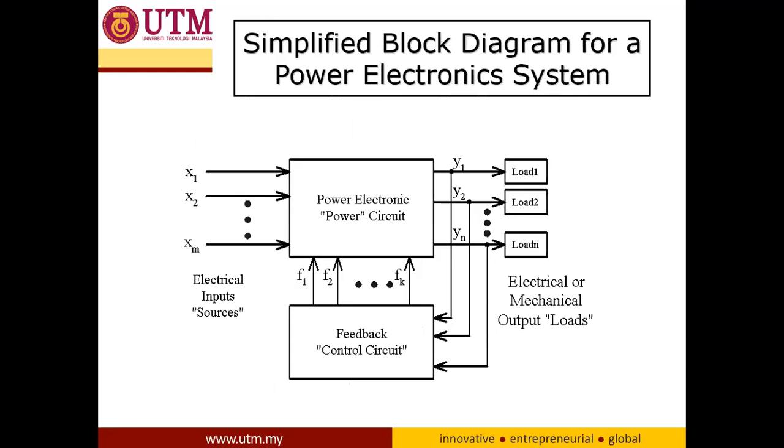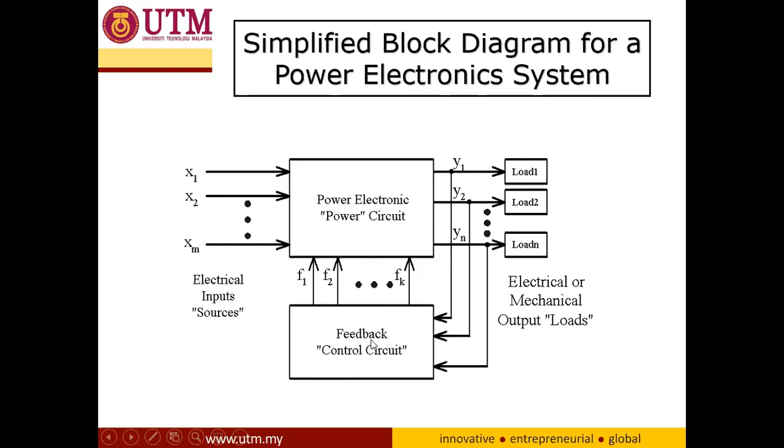This is a block diagram extracted from a journal paper. As you can see, it's quite complicated. We have the input here, the voltage and current, and then this is the load. Power electronics is used to convert the input to suit the load. But as you can see here, we also have the feedback control circuit.